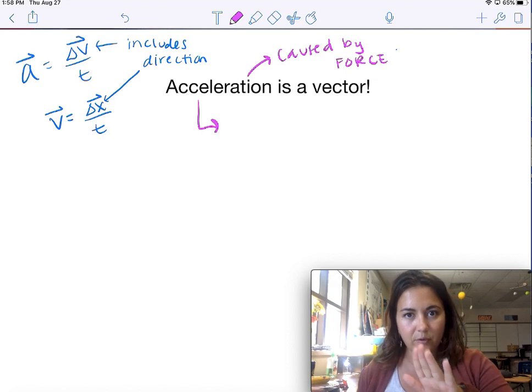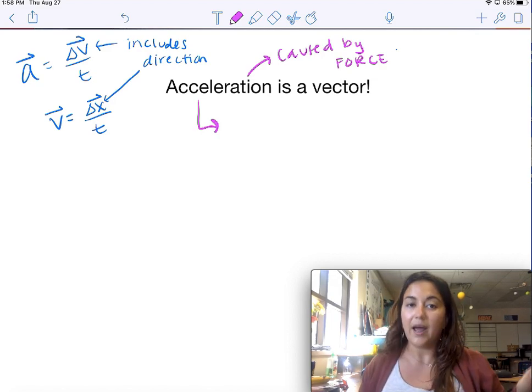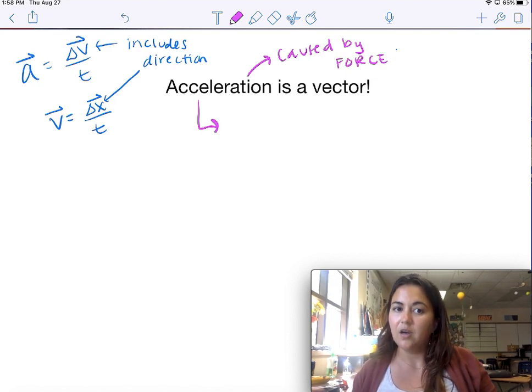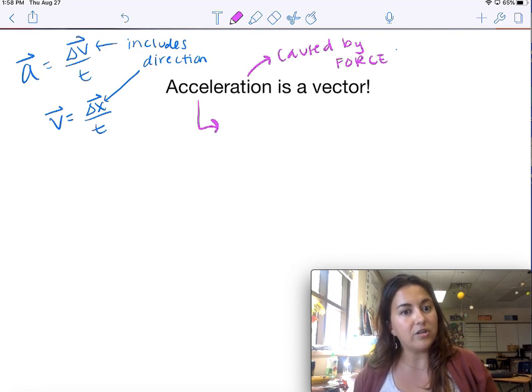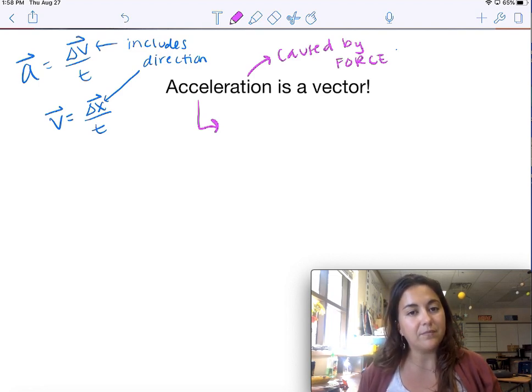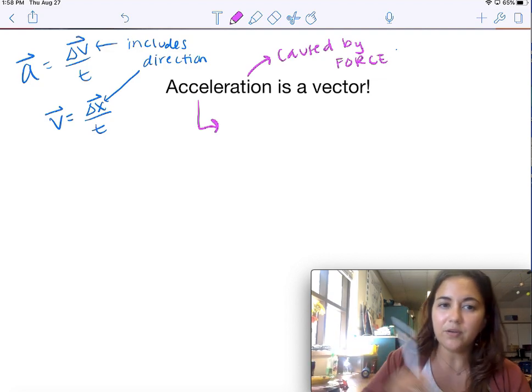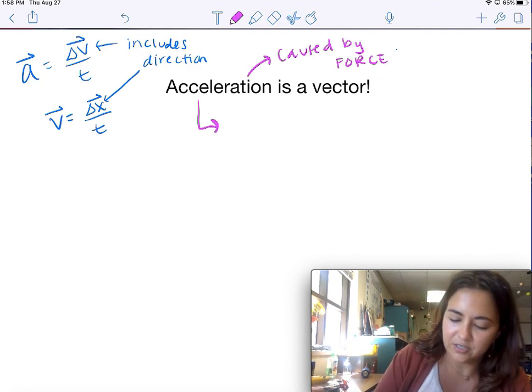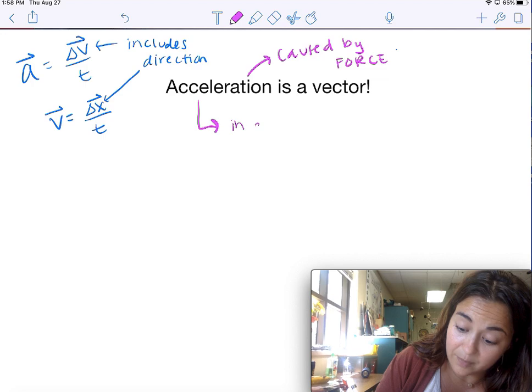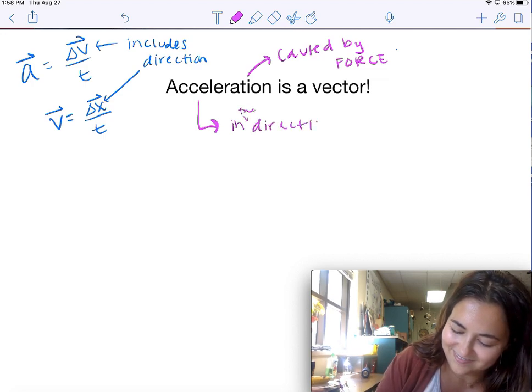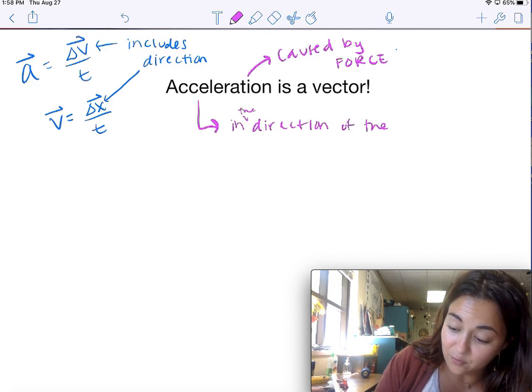I can apply a force forward or pull you backward. I can apply a force in a direction. Well, the change or the acceleration is always going to be in that same direction. So whenever you're thinking about the direction of the acceleration, think about the direction of the force.